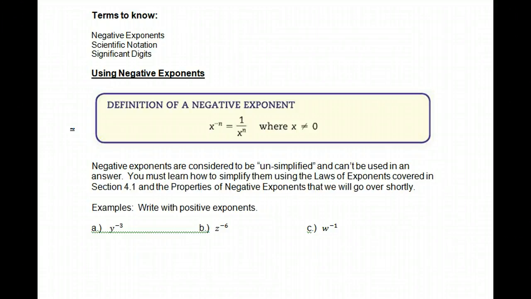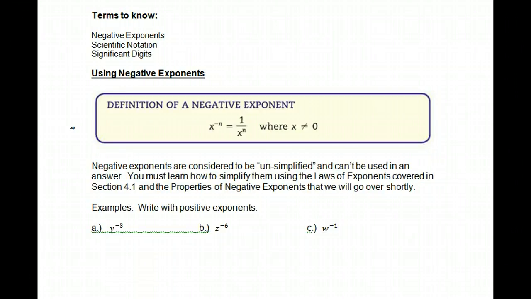I proposed to you that you could subtract in the same order that we were used to. And then when you had a negative value, recognize that that was not simplified and plop that value into the denominator, make the exponent positive, and put it underneath a 1.